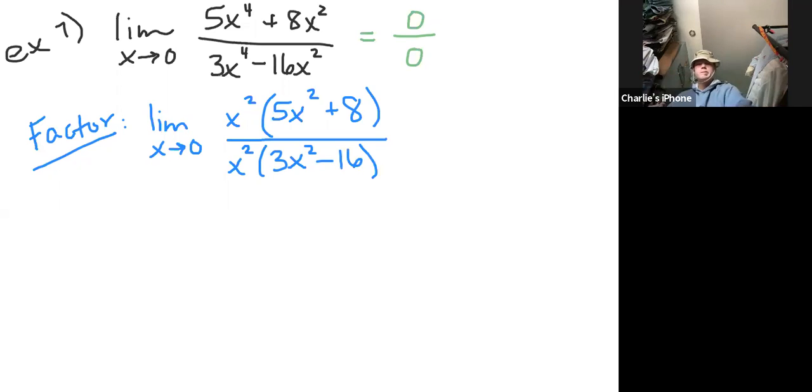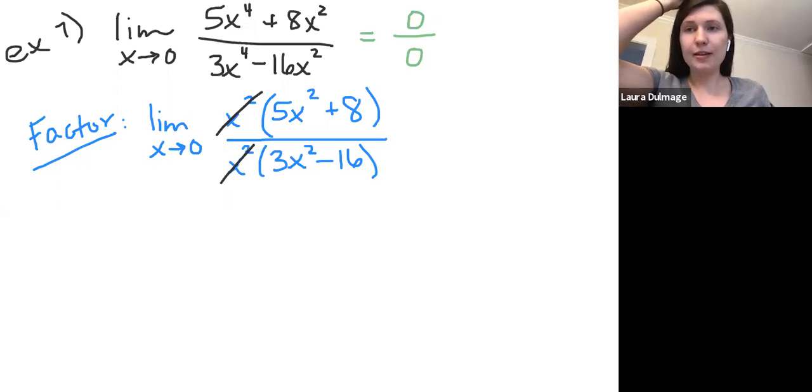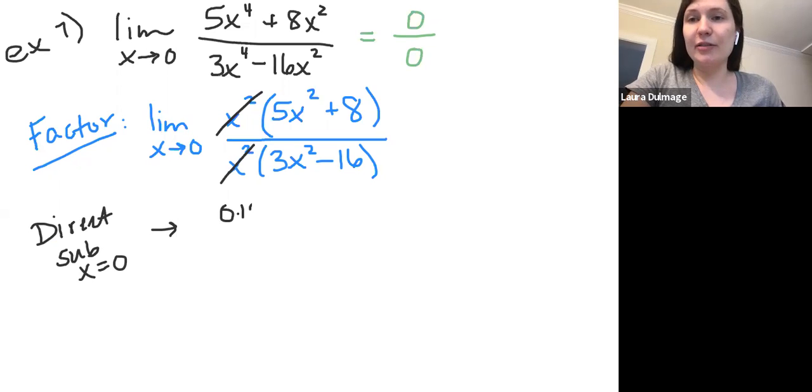Okay, now the x squareds can cancel out because they're factors. And then we can direct substitute in 0. So when we do that, we'll have 0 plus 8 in the numerator, right? Obviously, multiplying by 0, this will turn to 0.